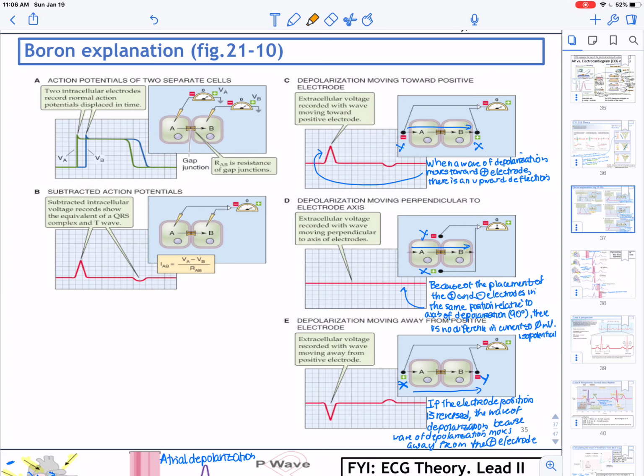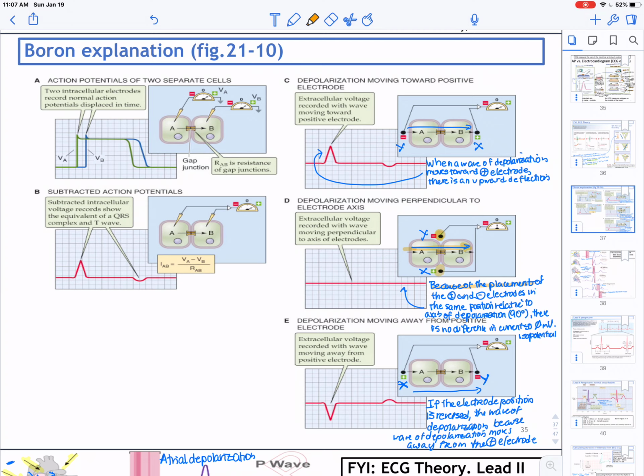The only thing to note is in D, this is showing that the electrical current is flowing through these two cells in this direction that's parallel, but now the electrodes are placed perpendicular.